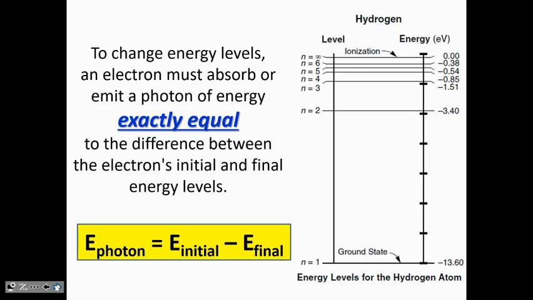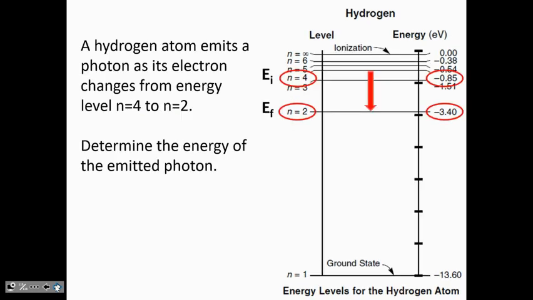So again, it has to be an exact match. We can find what that value is using the following formula, which is also on your reference table. The energy of that photon, whether emitted or absorbed, has to be exactly equal to the initial energy level minus the final energy level.